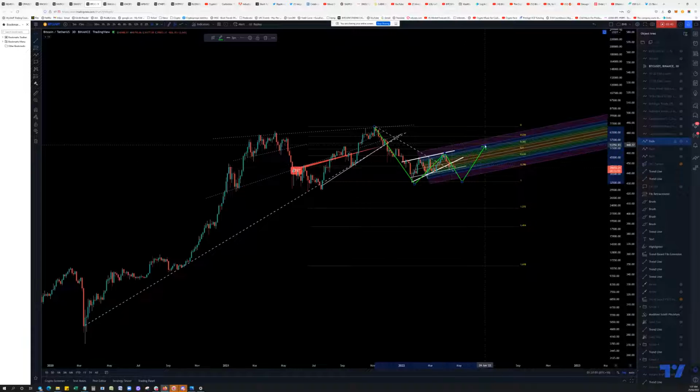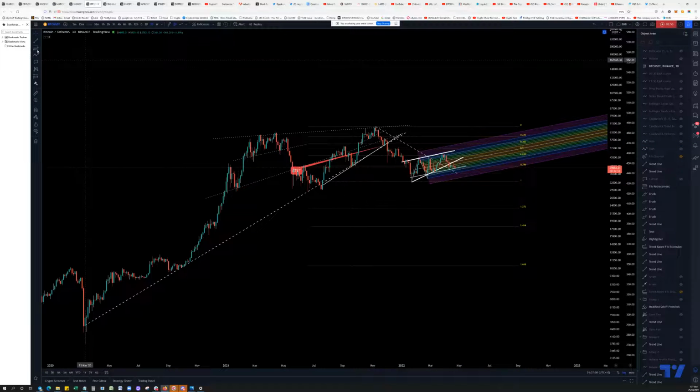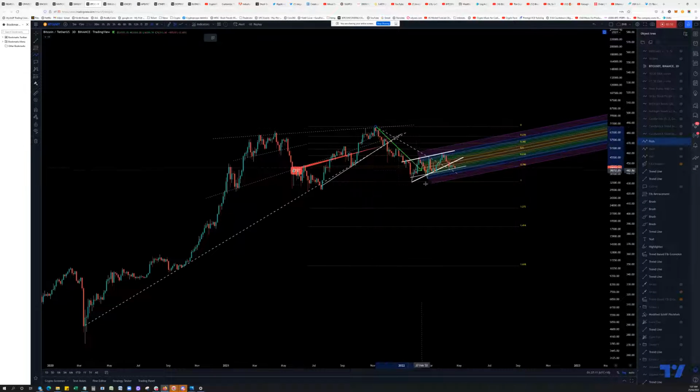Maybe we'll see strength there. Really it comes down to the institutions, but this might be the case. So I'm going to come back to it. We have this correction A, B. Ideally that will be the case and the continuation.